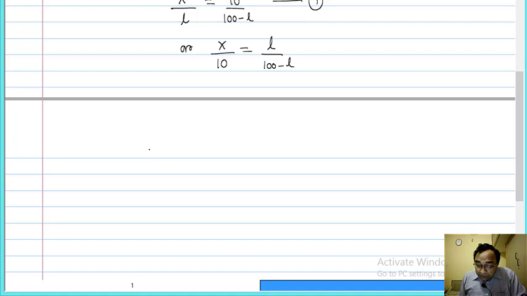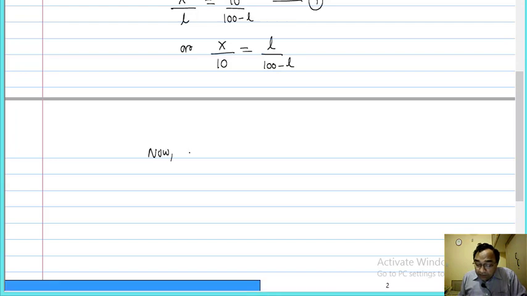So therefore now we can say the balance length shifts by 20 centimeter. So we can say X by 22.5 is L minus 20 upon 100 minus L minus 20.